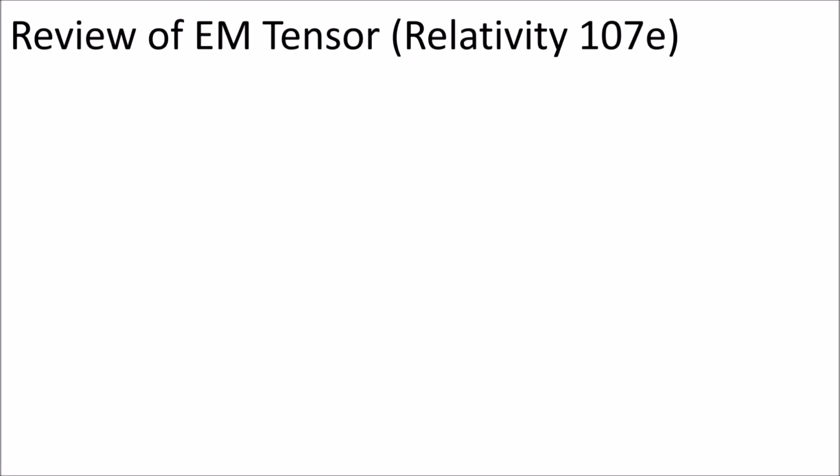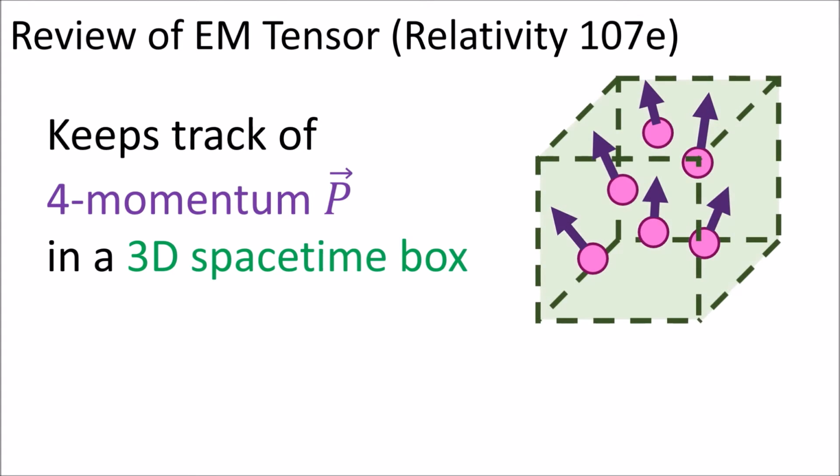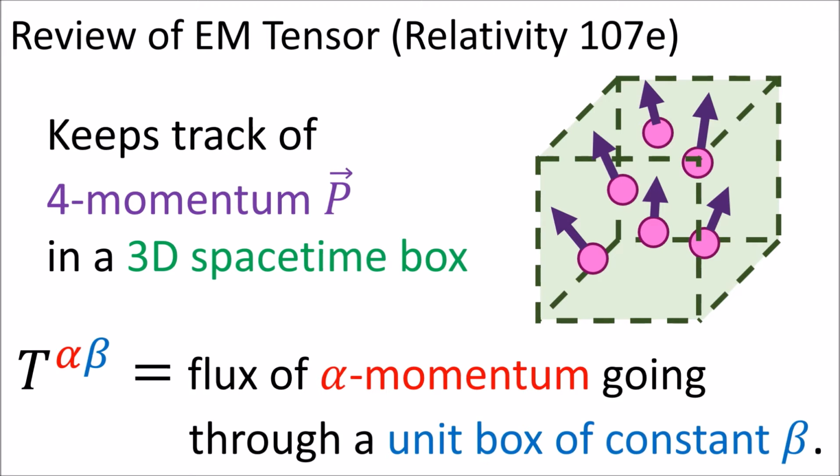We discussed this in more detail in Relativity 107e, but the EM tensor helps us keep track of the total amount of four-momentum inside a three-dimensional box in spacetime. The alpha-beta component of the energy-momentum tensor counts the flux of alpha momentum going through a unit box at constant beta.